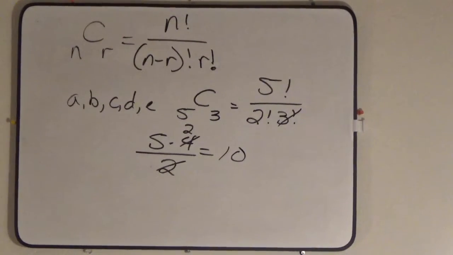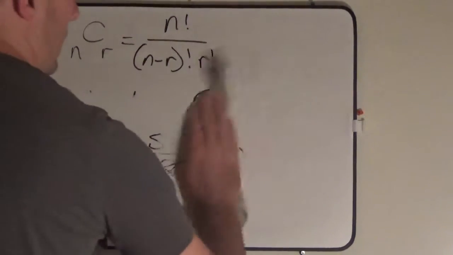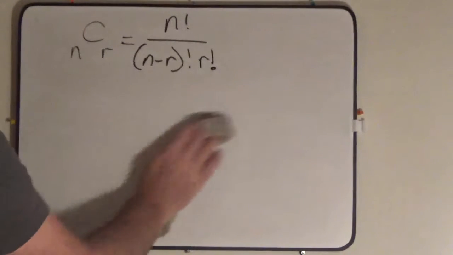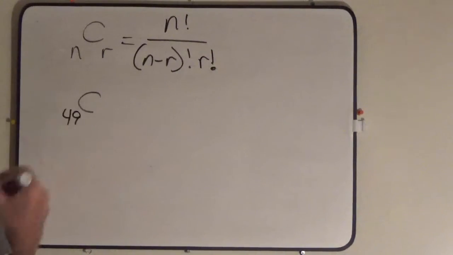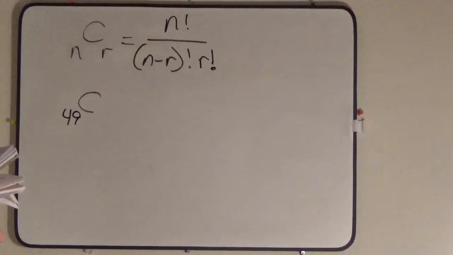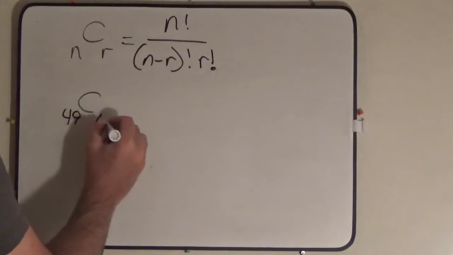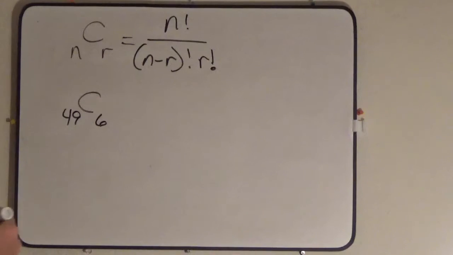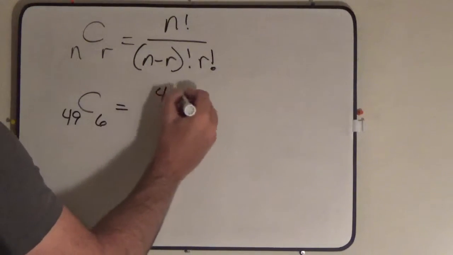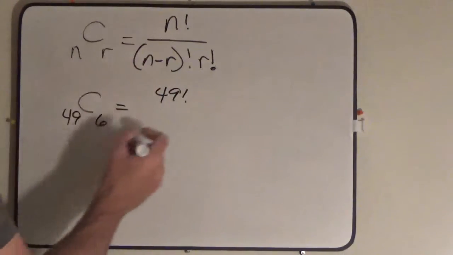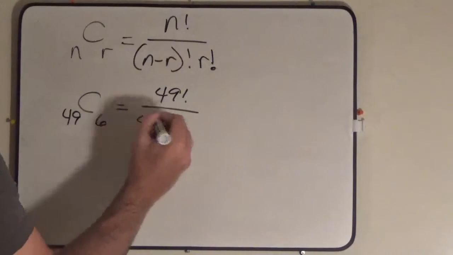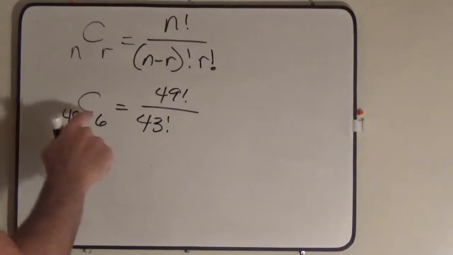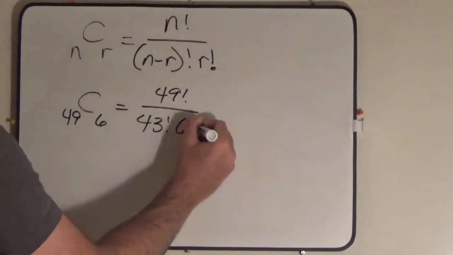So we have to choose 1 to 49. That means the total numbers we have to choose from are 49 numbers. And we choose 6 of those numbers. Since we're only doing 1 ticket, we're only getting 6 numbers. Well, this is 49 factorial, my n, over 49 minus 6 is 43 factorial, and then 6 factorial.